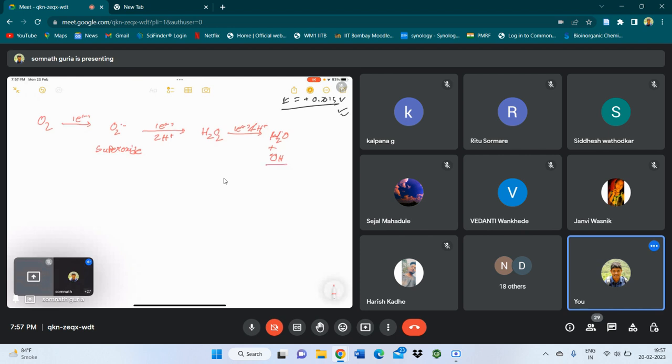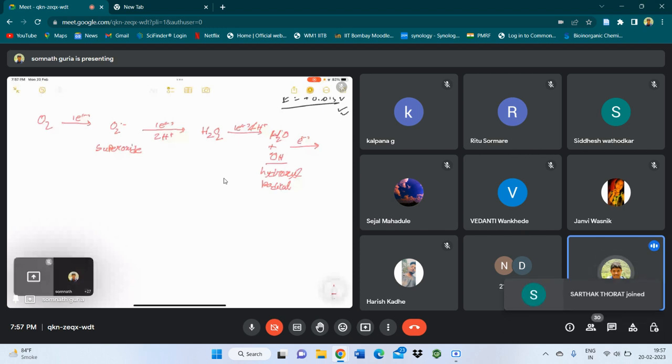That is the hydroxyl radical. Okay, and from here another electron transfer forms two molecular atom.